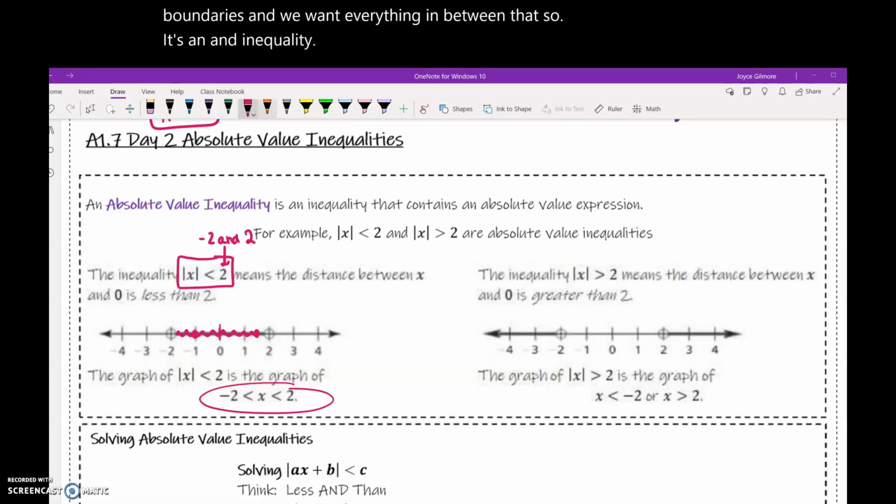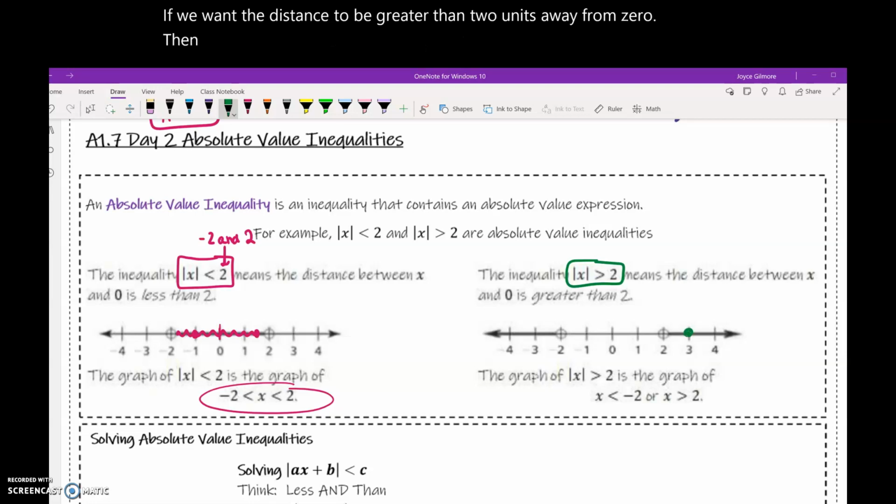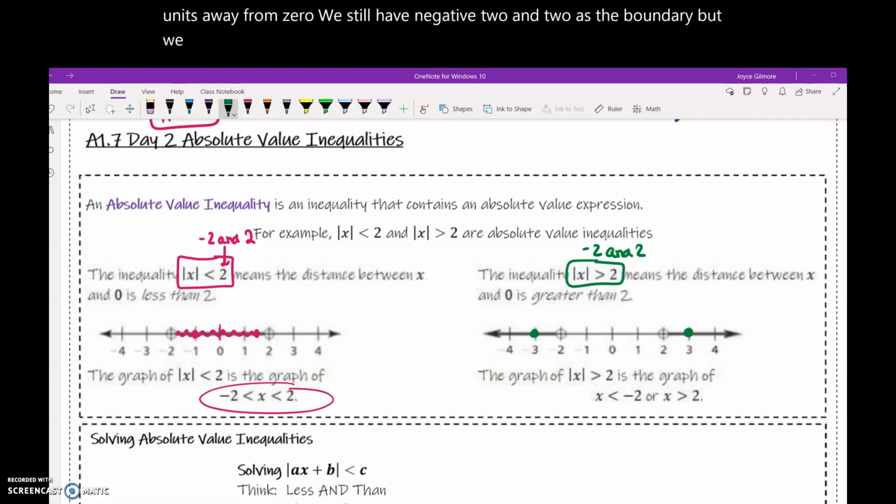If we want the distance to be greater than 2 units away from 0, then 3 is more than 2 units away from 0. -3 is more than 2 units away from 0. We still have -2 and 2 as the boundary, but we want the stuff that's farther away from 0 than those numbers.